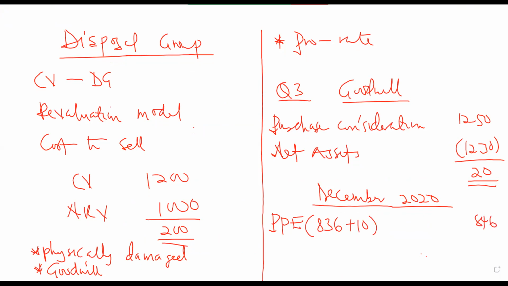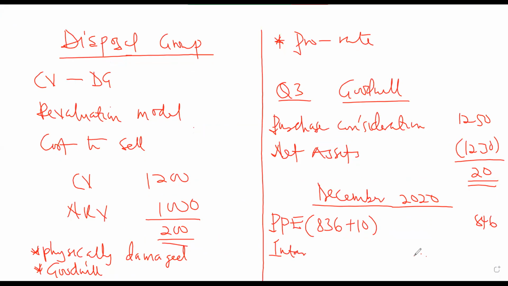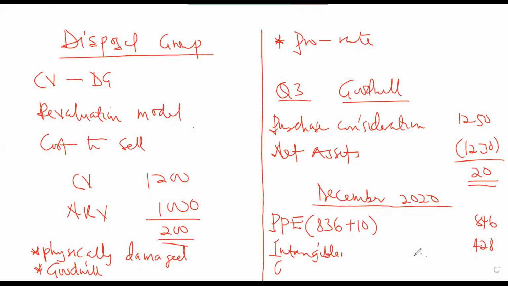All right. The next item is the intangibles. The intangibles is excluding goodwill. That is 428. Is it 428? Okay, 428. Then you bring the goodwill itself.